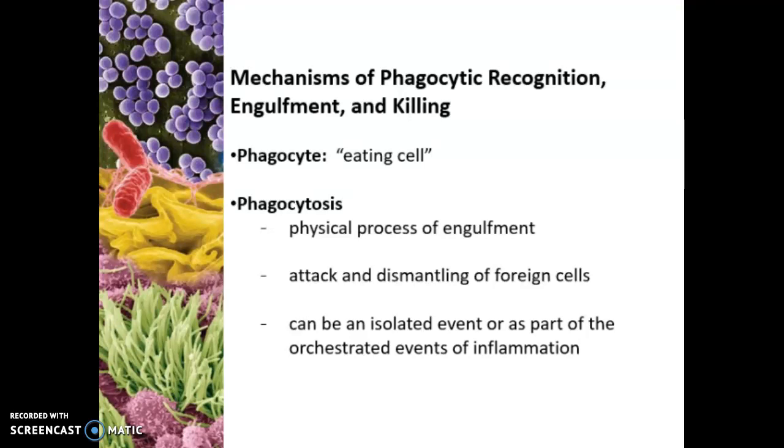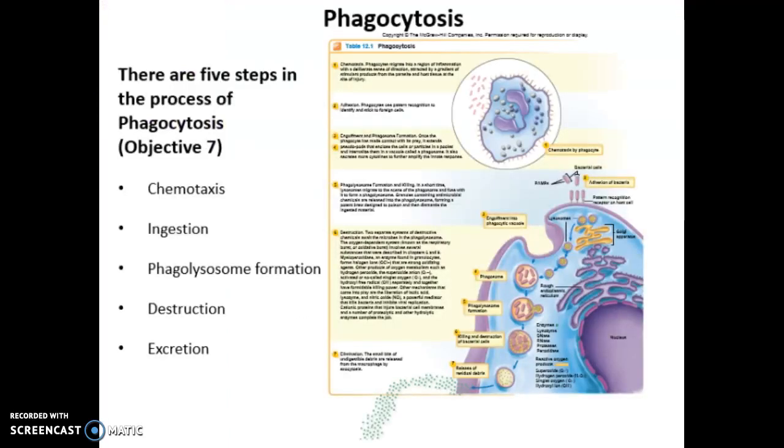Or it can be part of an orchestrated event of inflammation, which we will see. Depending on how you divvy up the steps, overall there are 5 steps of phagocytosis: chemotaxis, ingestion, phagolysosome formation, destruction, and excretion.